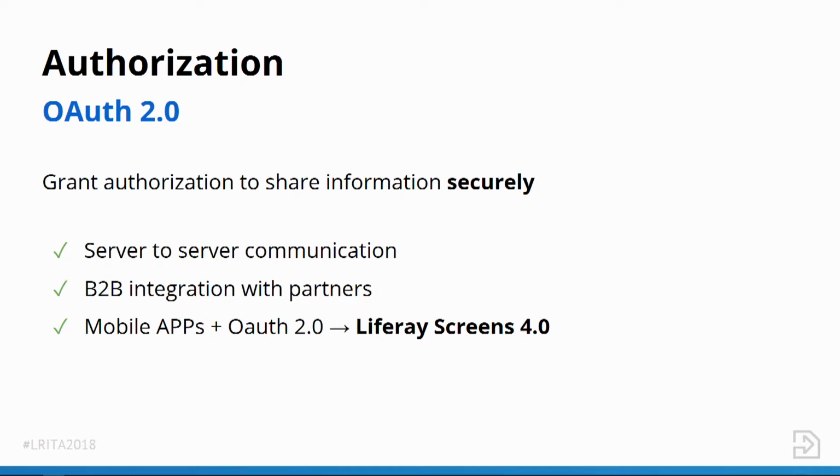For instance, if you know about Liferay Screens, our set of components to create mobile applications, you'll find that there's a new version, Liferay Screens 4.0, and it's already ready for OAuth 2.0. Okay, I'm sorry because of the different versions, but that's true. This is already available. So you can create native apps, even hybrid apps if you need so, being sure that everything is communicated in a secure way, okay?